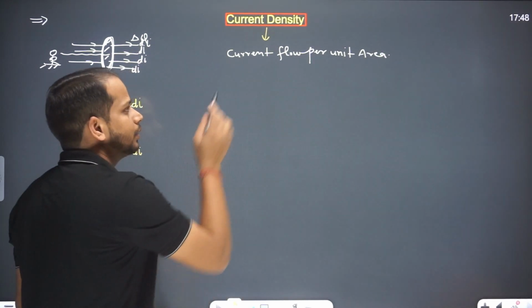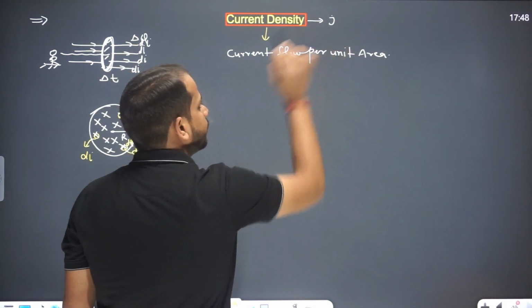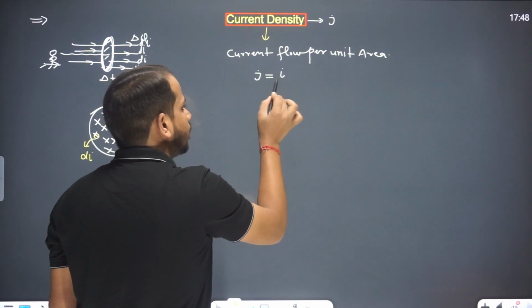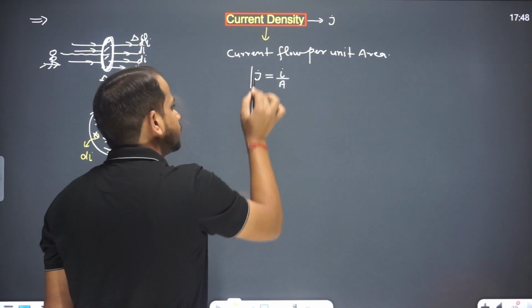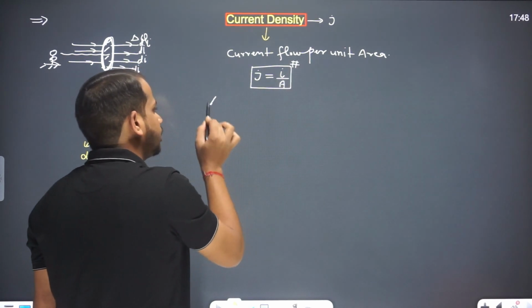What is the meaning of this? It is represented by J, and it is defined as J is equal to I by A. J is equal to I by A, and this is a vector quantity.